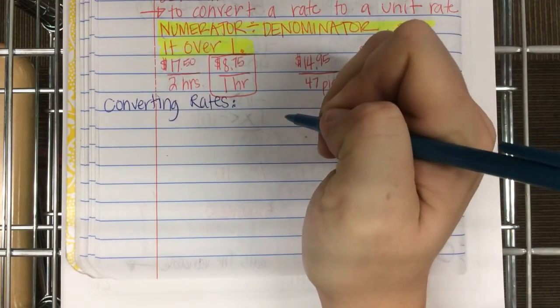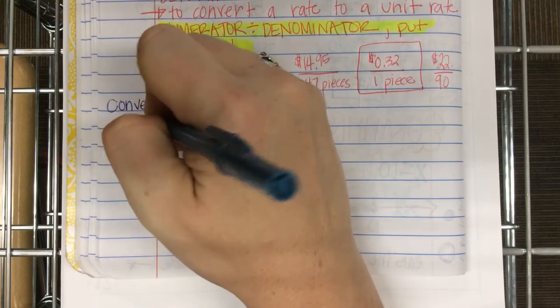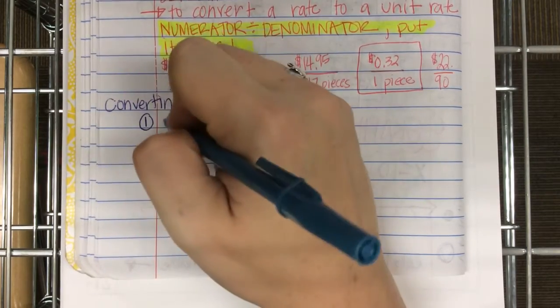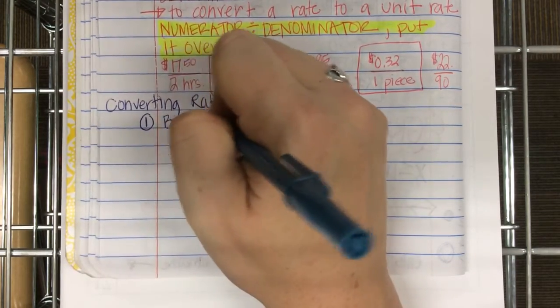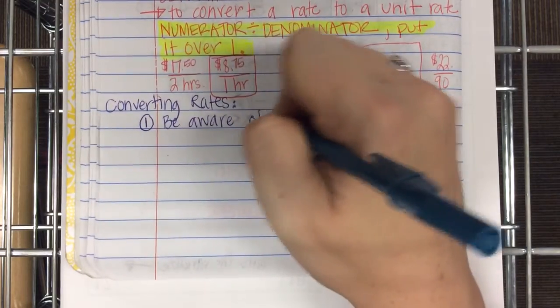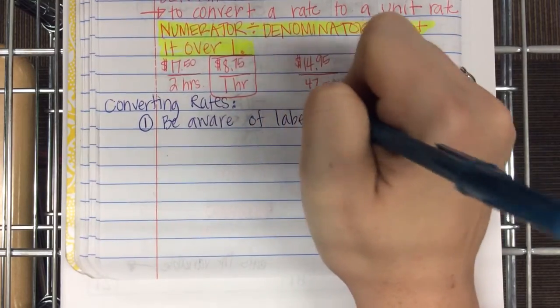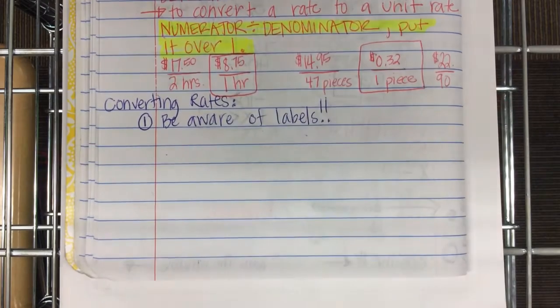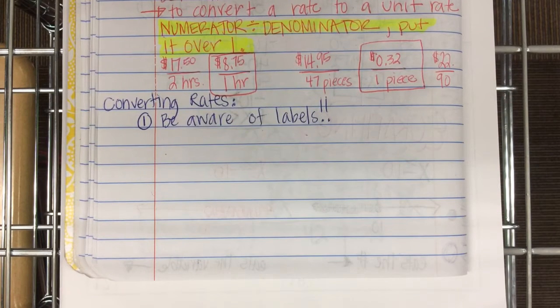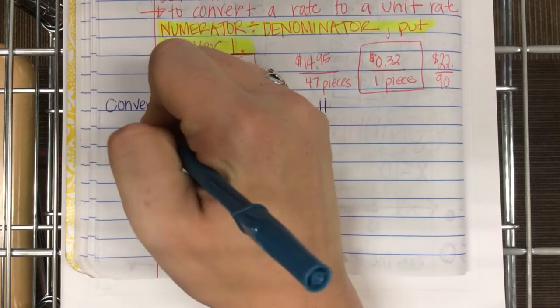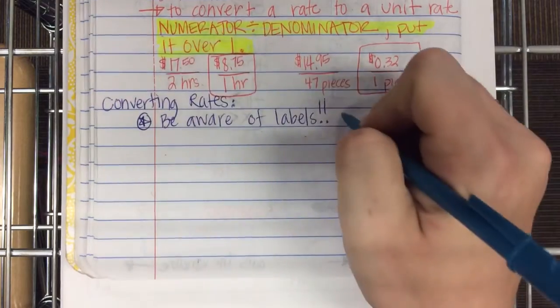Okay, so converting rates. You have to be aware of labels. I'm going to change that from a 1 to a star.